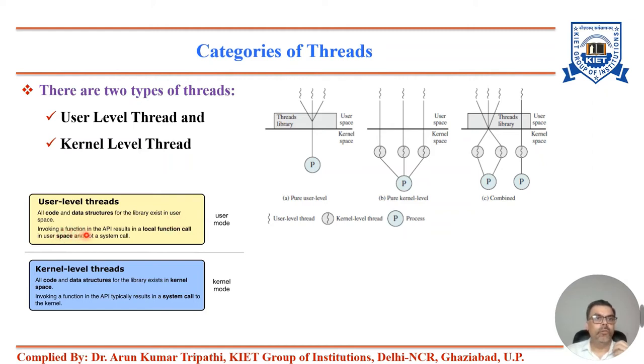Invoking a function in the API results in a local function call in the user space, not a system call. Means user level threads are created using local function calls and use libraries, while kernel level threads use system calls.